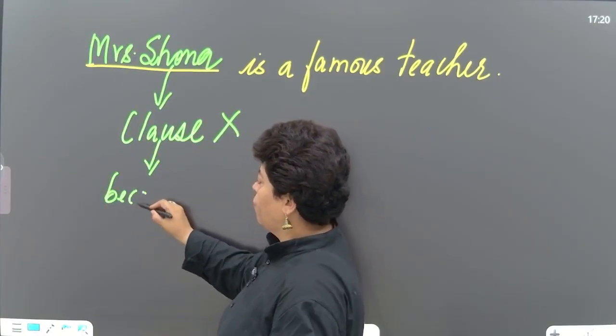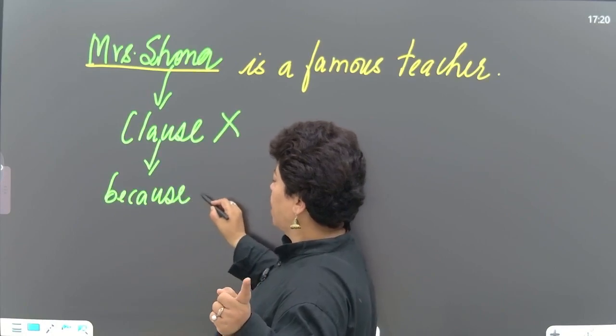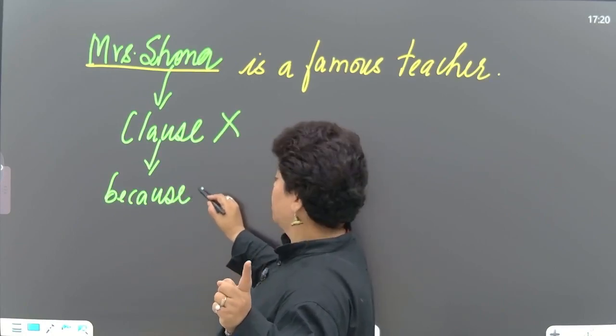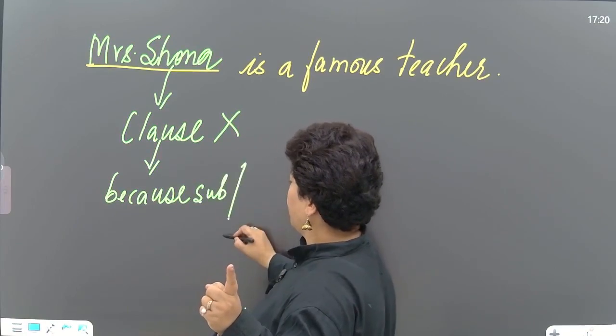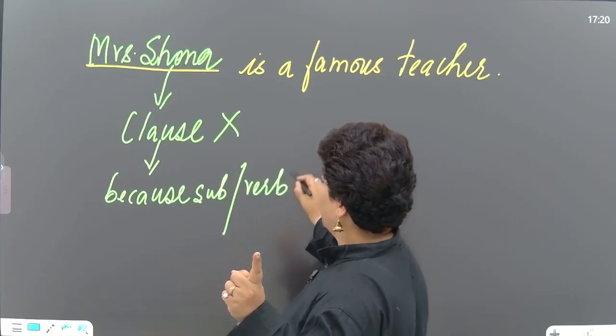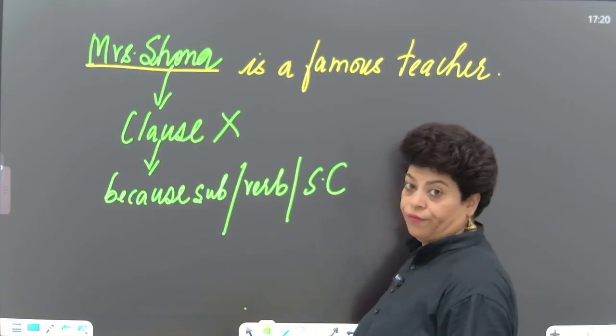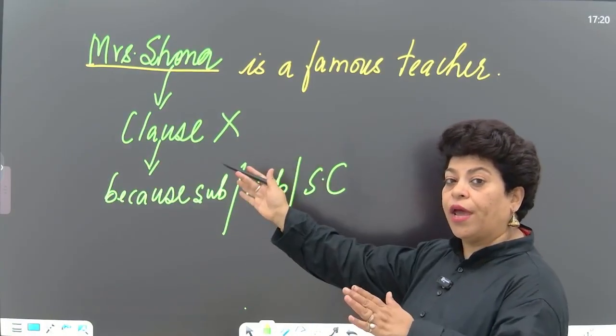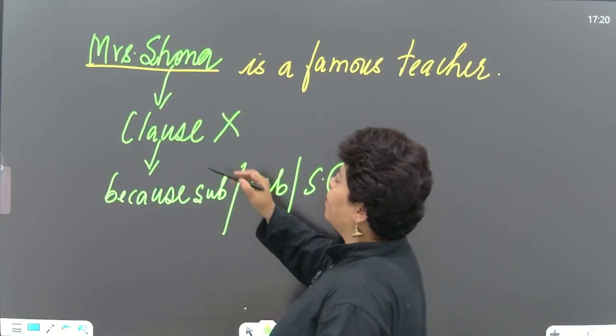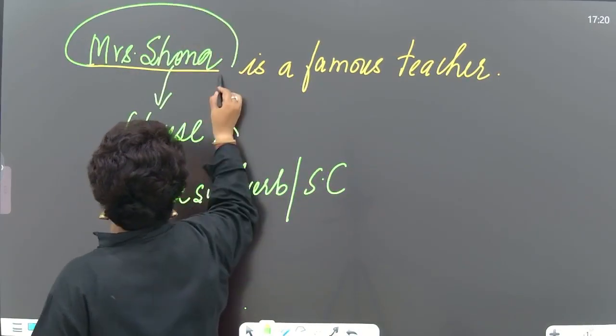Because for being a clause, it needs its subject, it needs its verb, and it needs a subordinating conjunction. Is a subordinating conjunction there? No. One thing is clear that Mrs. Shona is a noun.